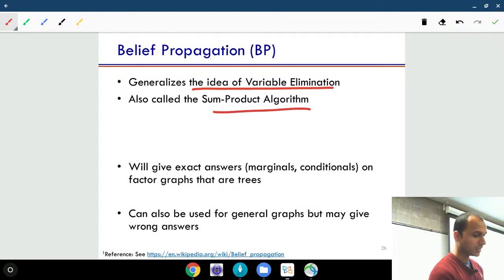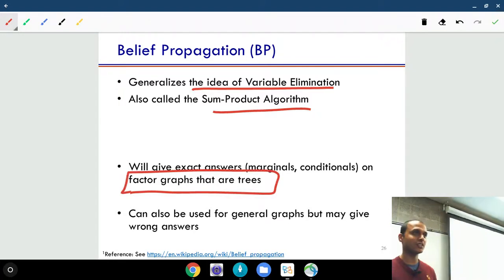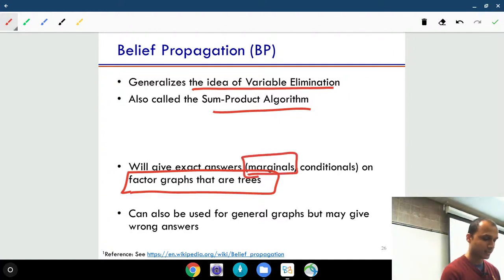It's also called the sum product algorithm, and it turns out that when factor graphs are trees, this is important. We introduced the concept of trees and not trees before. Trees were basically where there's only one path between two nodes, and there are multiple paths if it's not a tree. If factor graphs are essentially trees, then belief propagation will give you the correct answers. And variable elimination will also give you correct answers.